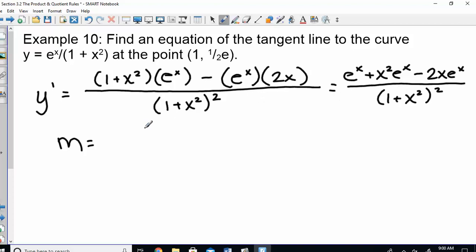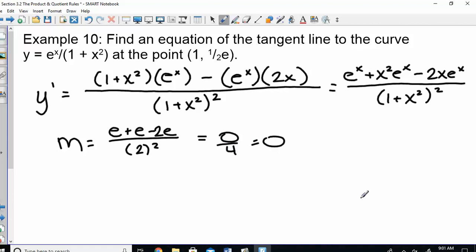So if I plug in a 1 for all my x's, we get e plus 1 squared times e to the first, which is just e, minus 2 times 1 times e is 2e, over 1 plus 1, so 2 squared. And what's that turn into? e plus e is 2e, minus 2e is 0. Over 4. That's what 2 squared was. 0 over 4 is 0.